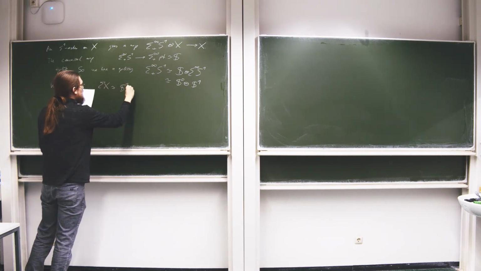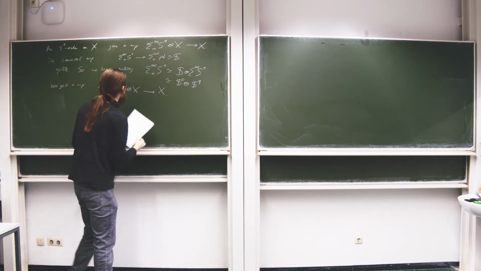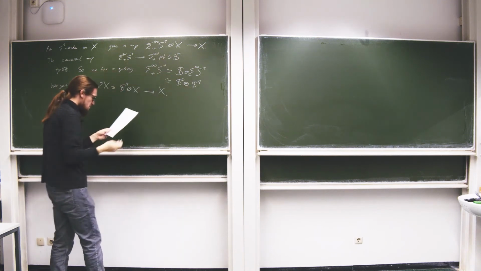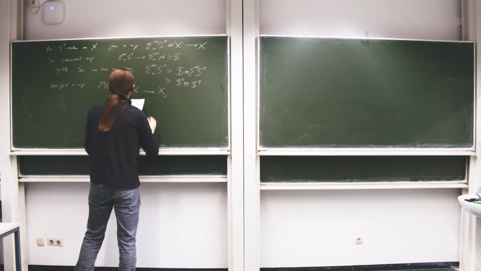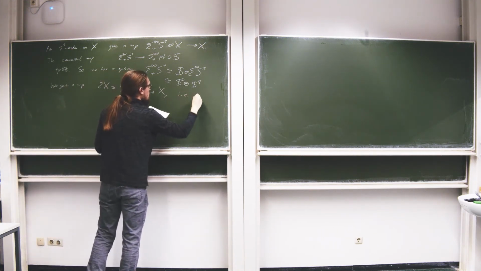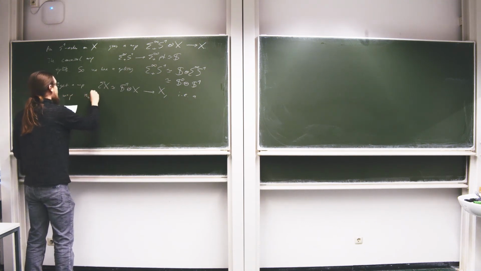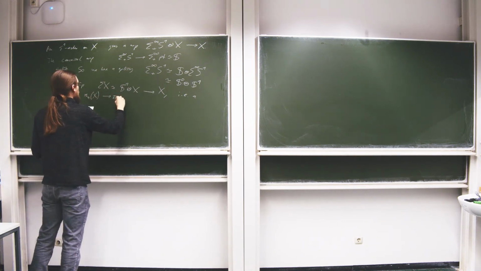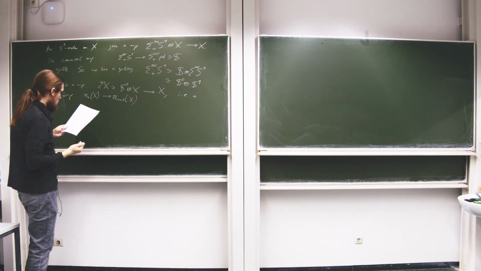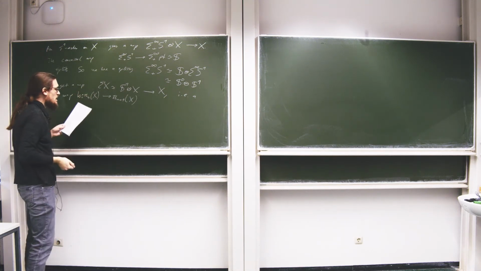That's the same as S1 tensor X. We get a map from this to X just by restricting this action to this summand. And this in particular gives us a map from πnX to πn+1X. So we will also write this as B.